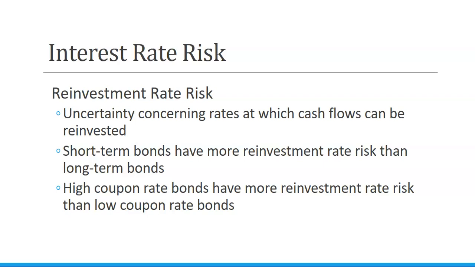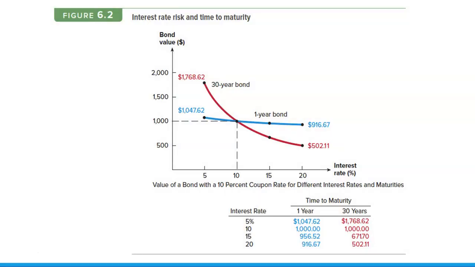And again, short-term bonds have more reinvestment rate risk than long-term bonds because we have a shorter period of time in which to earn those interest payments, and high coupon rate bonds have more reinvestment rate risk than low coupon rate bonds. And we can see from this graph the interest rate risk and the time to maturity.